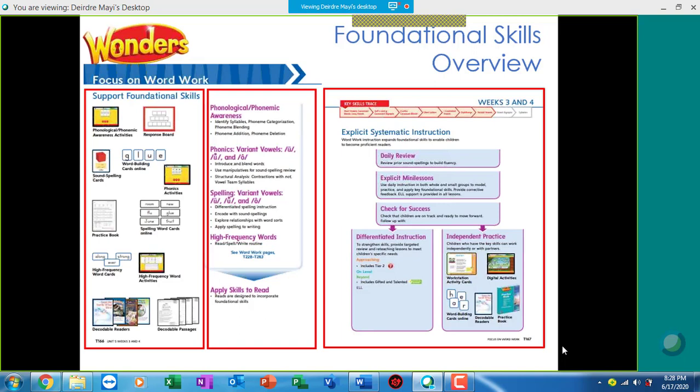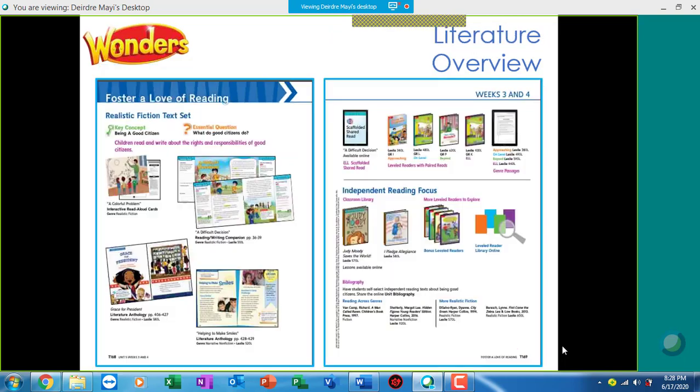If students are doing well, of course, there will be page numbers that will suggest where you would find maintenance or even extension lessons for teacher-led small groups. You also see that there is independent practice available.